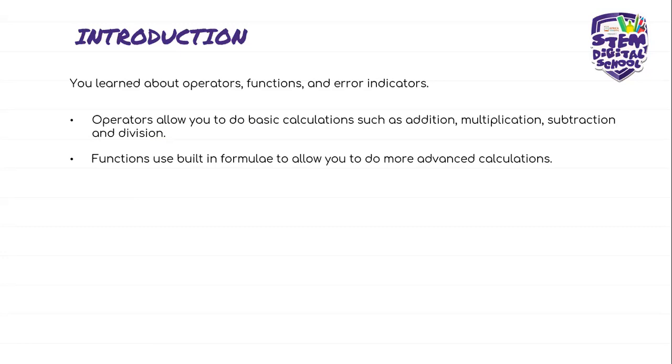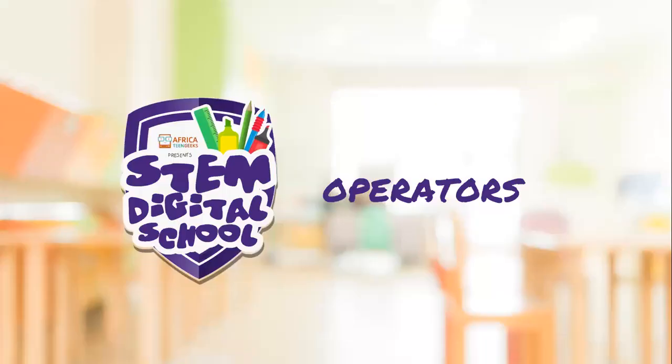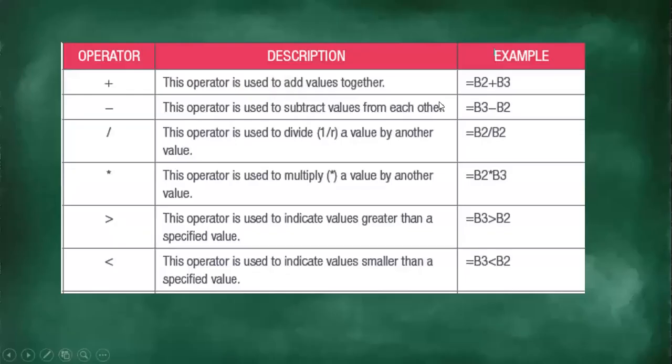Now let's look at the operators. What do I mean about the operators? When I say operators, I mean something like this. This column is for operators and the description. And then an example, we have this plus sign that we use to add values together.